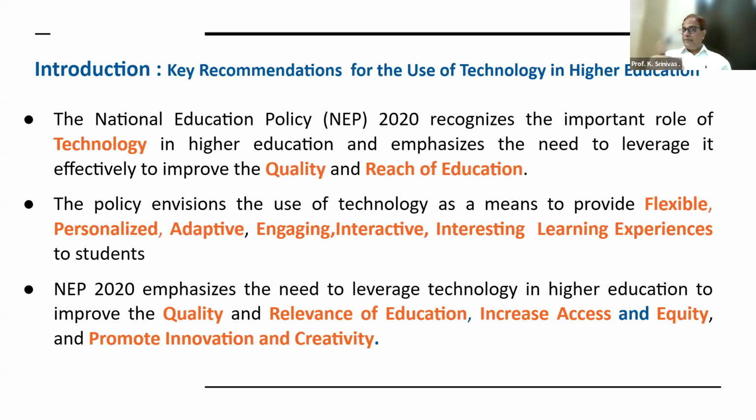But during the Corona period, the awareness levels have gone so high, and if you simply explain something at that level, people are expecting something different. So the question comes: how do we create that flexible learning environment? What skills and competencies are to be learned to do flexible learning? And how do we create an adaptive learning environment? Personalized, engaging, interactive, interesting.